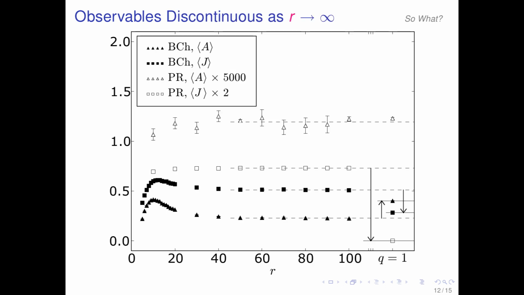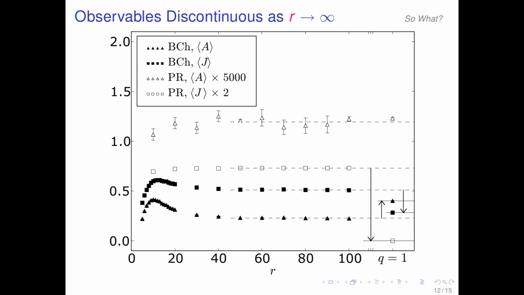So here are some of our results. Here we're plotting the average area for the Perez-Rovelli model, the average spin for the Perez-Rovelli model versus the r parameter, which we try to take to infinity and compare to the q equals 1 computation, and also the average spin and the average area for the Bias-Christensen model.